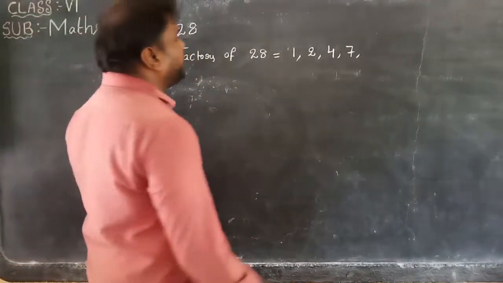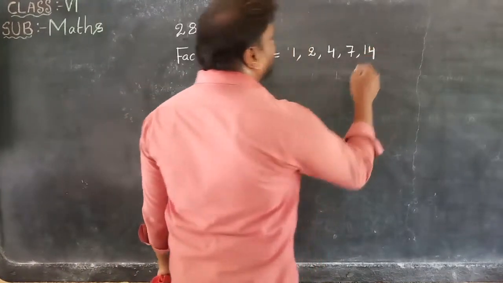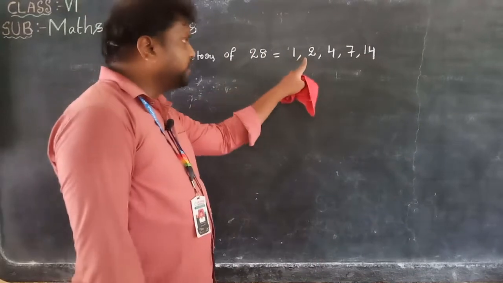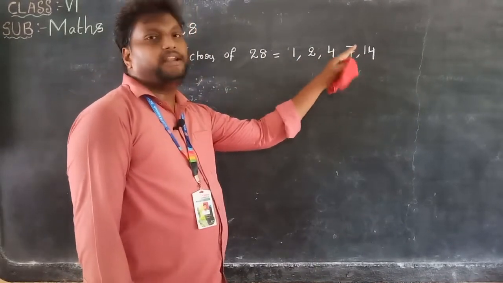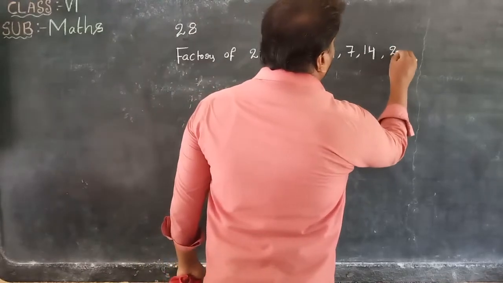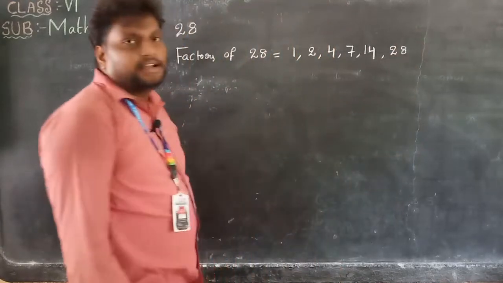Then 11, 12 not possible, 14 yes. Why? Because 14 2s are 28, 1 28 is 28, 2 14s are 28, 4 7s are 28. These are the factors.